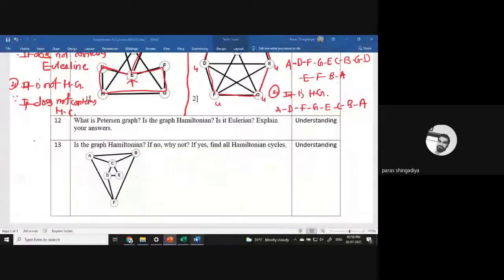Now next question is question number 12. Now next is question number 30. Here one graph is given, and check whether it is Hamiltonian or not. Okay, and then after find, here all Hamiltonian cycles are mentioned, but we'll check 5 Hamiltonian cycles. Okay, derive 5 different Hamiltonian cycles. So first verify whether this graph is Hamiltonian or not.